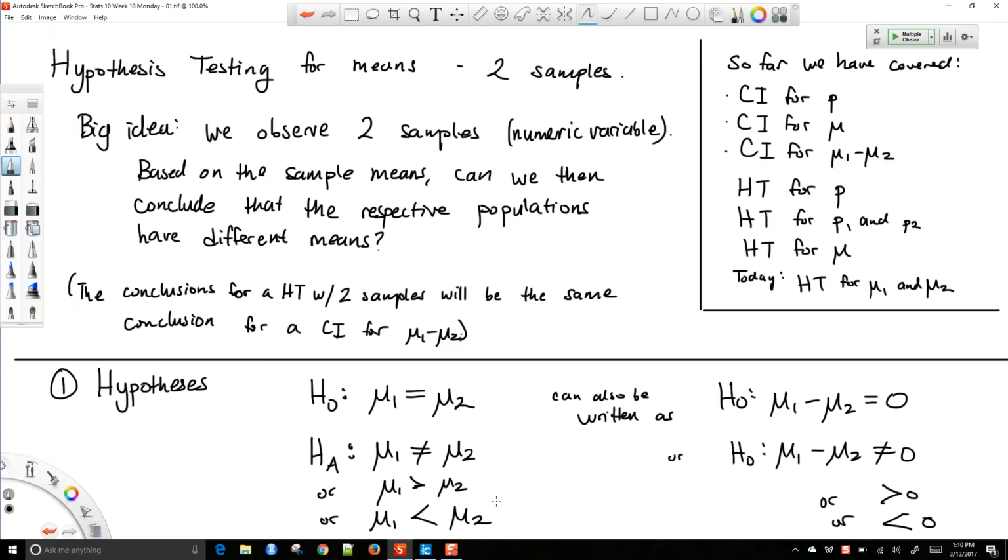The null hypothesis is that the population means are the same for both populations, or that they're not.